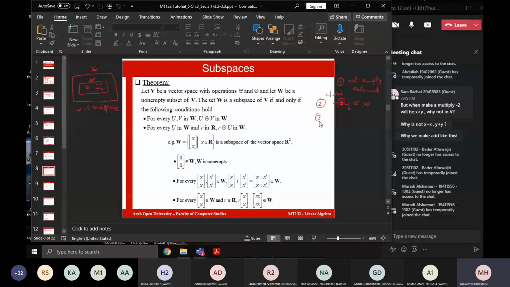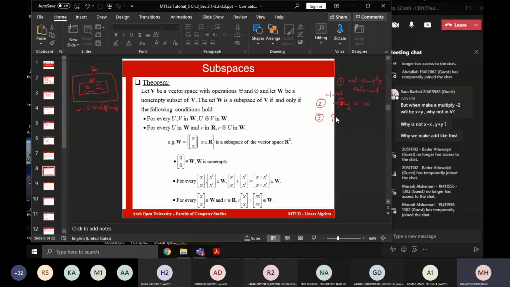The third thing is, if you take any arbitrary vector, let's say W1, multiplied by any real number, let's say C1, you have to find that C1 W1 is an element there. It should be closed for the standard scalar multiplication.